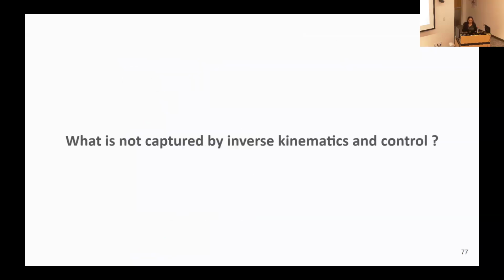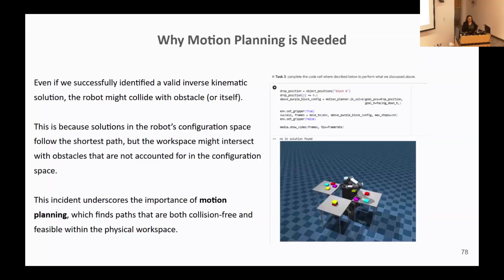So when we ask what is not captured by inverse kinematics and control, we understand that even if we figure out how to move the robot, what the possible movements are, and that we need to take this continuous motion into account, that is still not the whole story, because we need to understand how the robot interacts with its environment and avoid collisions.